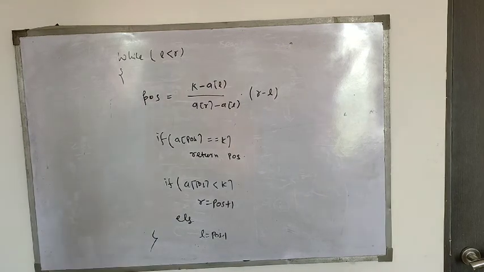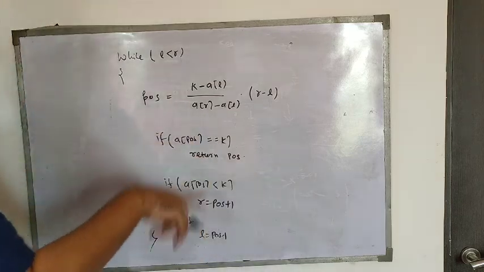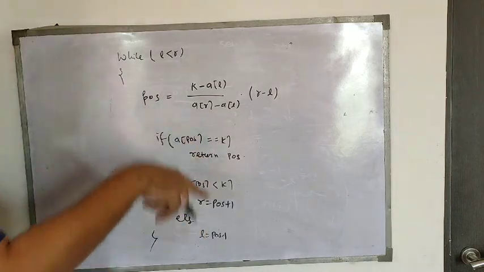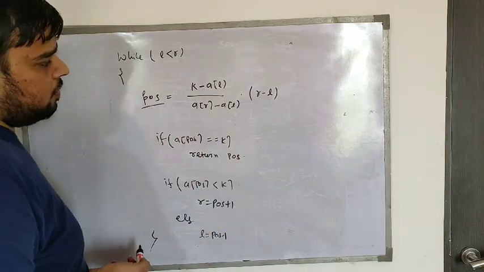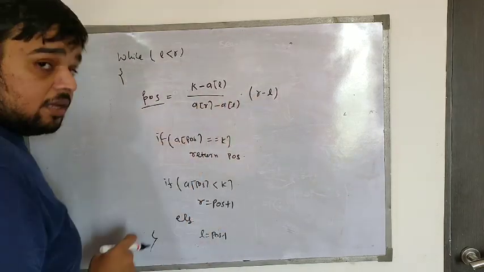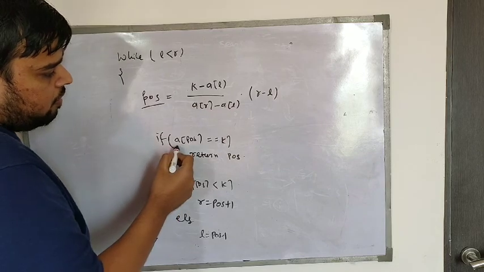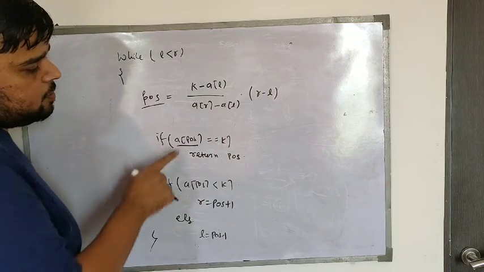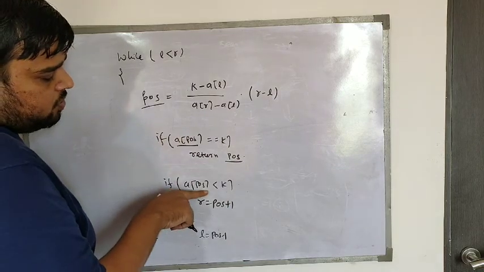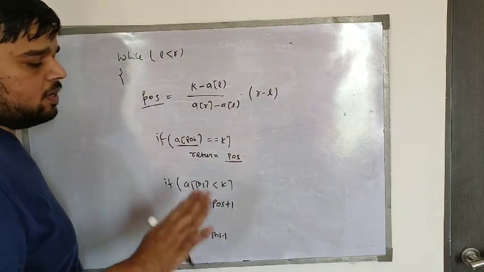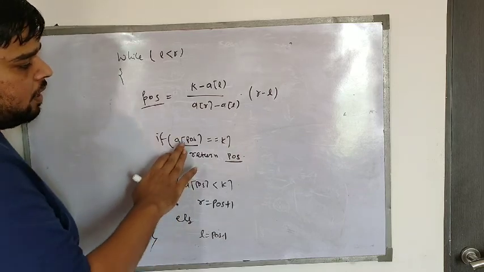Now this is the pseudocode. A few boundary conditions are missing in this code, so I'm not caring about that. So this is my formula for calculating the position, which I have already explained. Now if the element at this position is equal to the key, then return the position. If the element at this position is smaller than the key, it means your key lies somewhere to the right of this index.